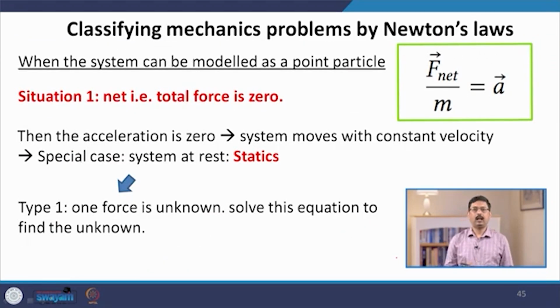Now, after we introduce and discuss the physical meaning and content of Newton's laws of motion, as we said, the goal of this course is to develop problem solving skill, the mechanics problem solving skill.